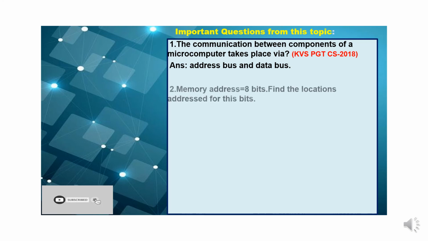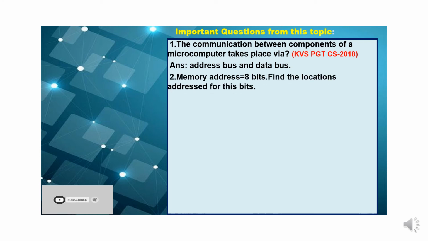The second question is one made by me. If the memory address is equal to 8 bits, find the locations addressed. As I've said, if the memory address is equal to A bits, then 2 raised to A locations are addressed. So the answer is 256 locations.